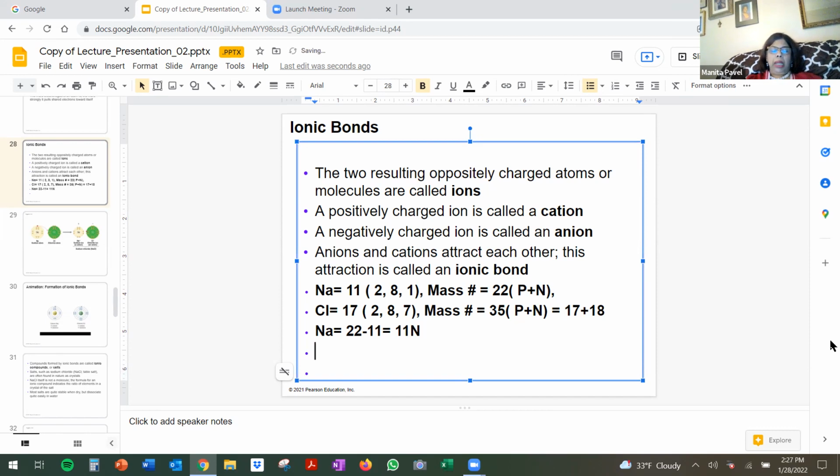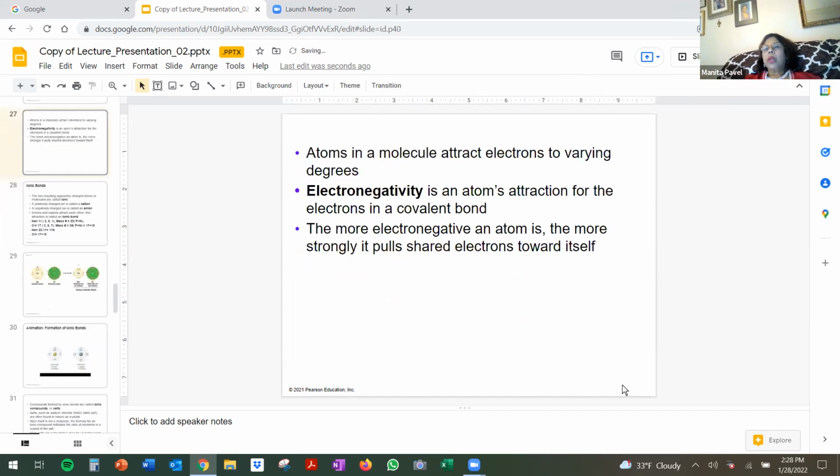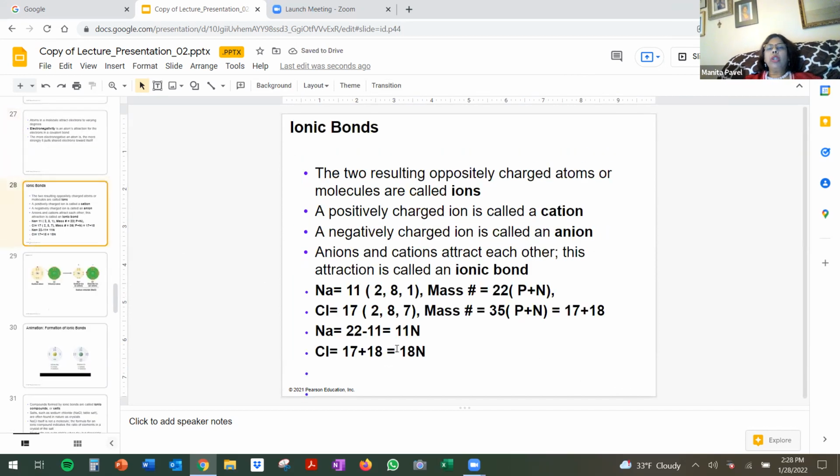I'm going to put it again here. Chlorine will be equal to 35. I can put this here. Chlorine has 18 neutrons. So this is the information you will be asked.